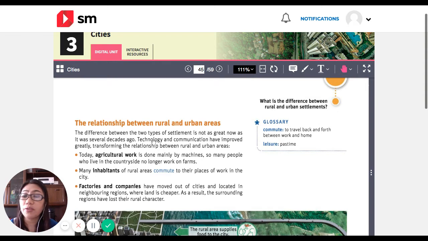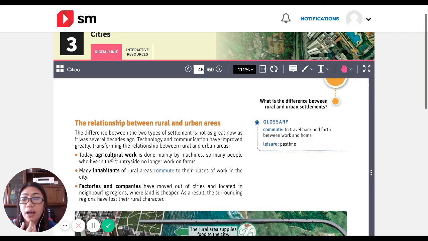So, for example, because now there is technology, we have internet, we have machineries, all of this. The difference between rural area and urban area is not that great compared to a few years ago.